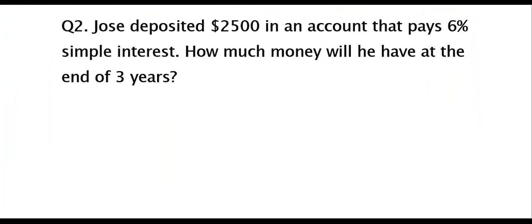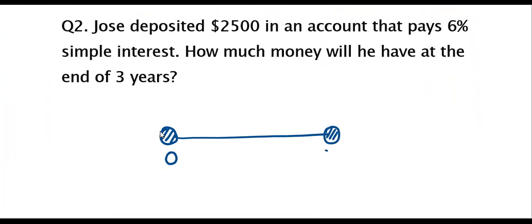Joe deposited $2,500 in an account that pays 6% simple interest. How much money will he have at the end of 3 years? So this is a direct problem. At the end of 3 years, you need to find. Suppose this is 0 and this is 3.